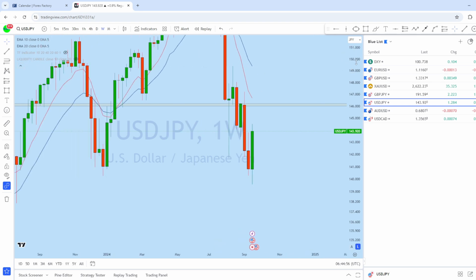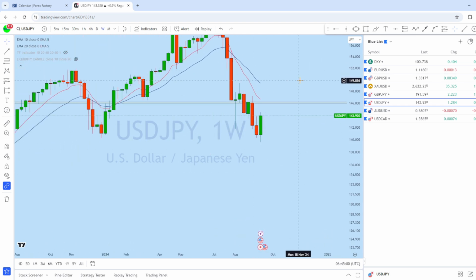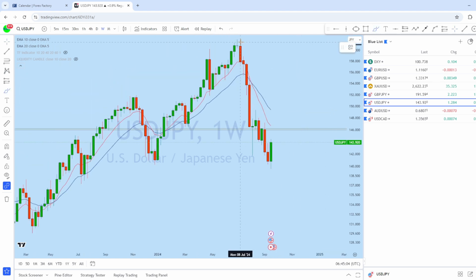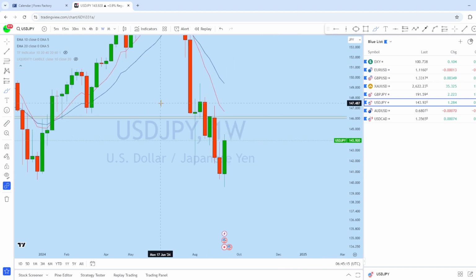If we look at the weekly chart, from the weekly perspective, this is the weekly price action, and what we can see here is a big drop, a pullback, and this is the weekly channel on dollar yen, which is basically a bearish market structure.